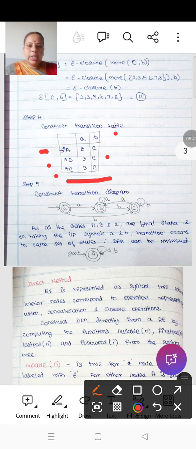So this is the transition table, and now you need to mark the final state.